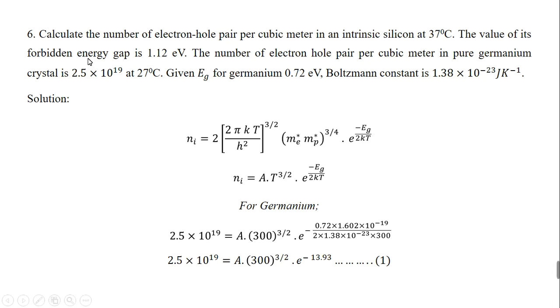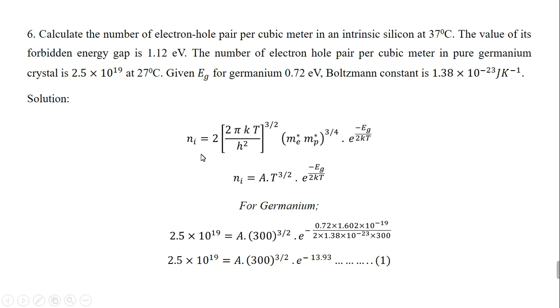Energy gap is given for silicon here, 1.12 electron volts. Similarly for germanium they have given the concentration of charge carriers at 27 degrees centigrade. Again you convert this into kelvins, 27 plus 273. Energy gap is also mentioned here and Boltzmann constant is given.